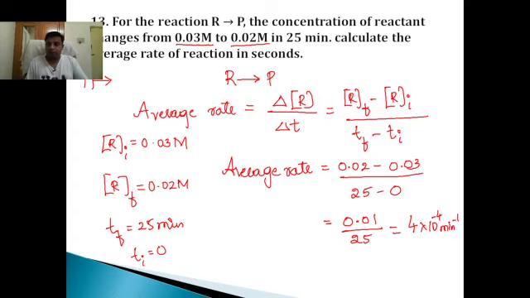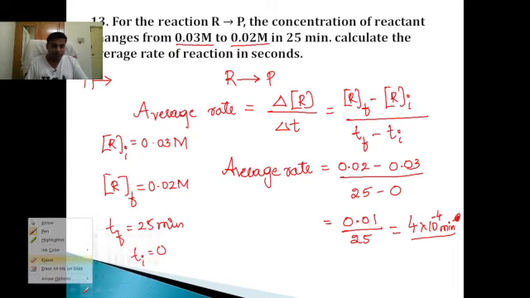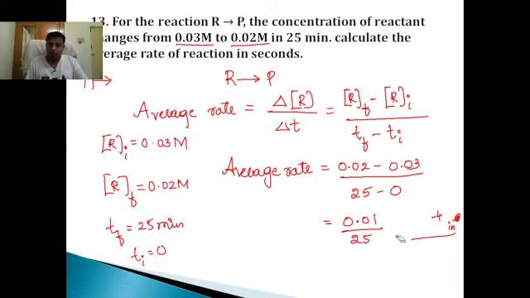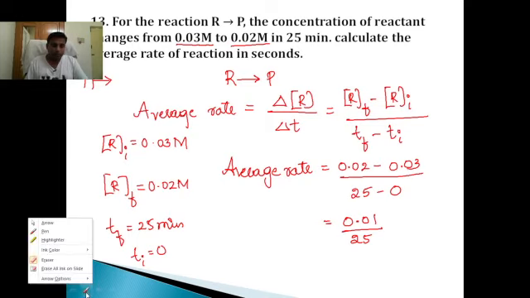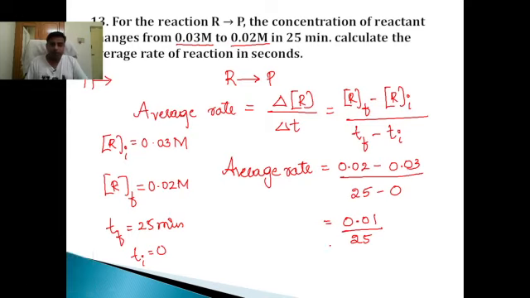What is the unit of rate? Mole per liter per minute. So we are getting the answer to be 4 into 10 to the power of minus 4 mole per liter per minute.